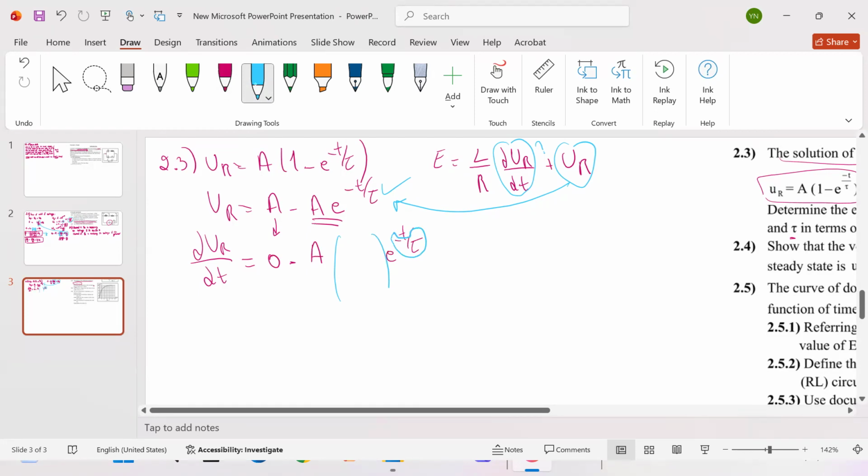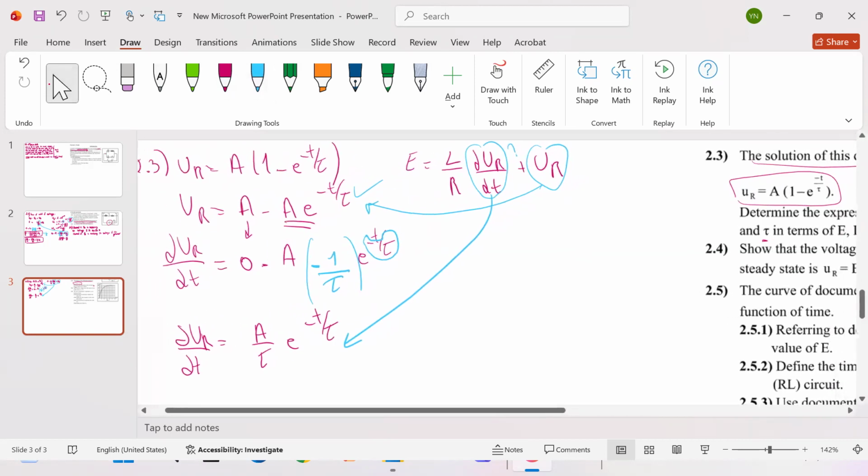Whatever you have, exponential of something, this something you should put on the line, which is the minus and t over tau. Because these two are next to the exponential, and of course we have to put one on the numerator. So we will be getting A over tau, e to the minus t over tau, and this is my derivative. Now I got the derivative that I was asking for.